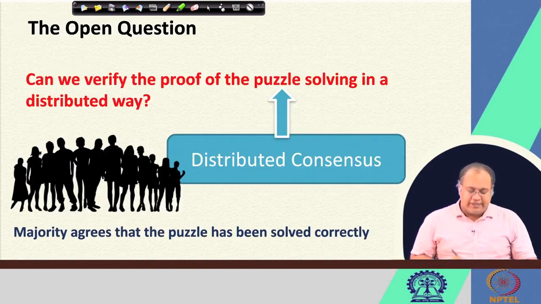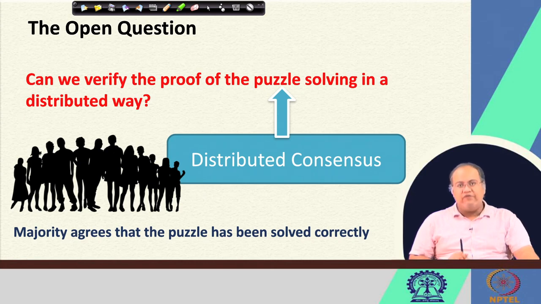So, this is the point where we stopped in the last lecture. To understand that every financial transaction is correct, I need a way to verify that the person who has initiated the transaction, or put up the transaction on a common platform, has solved a certain puzzle.